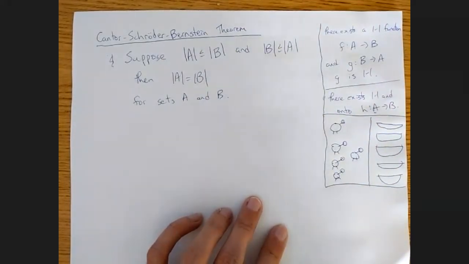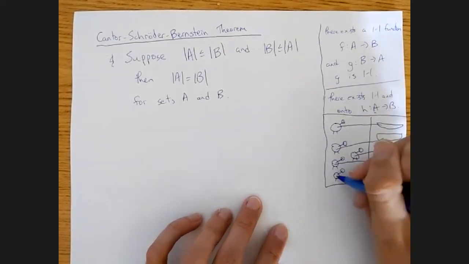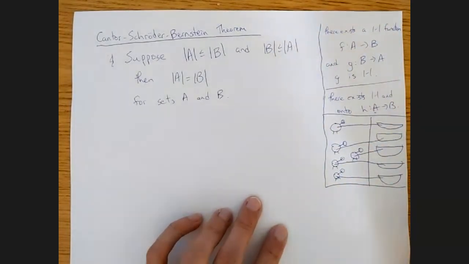We want to be fair, so we match up each one. In other words, I have a one-to-one and onto function going from all the sheep to all the boats. Now I know no one is being cheated, because we've paired them all up. We have the same number.